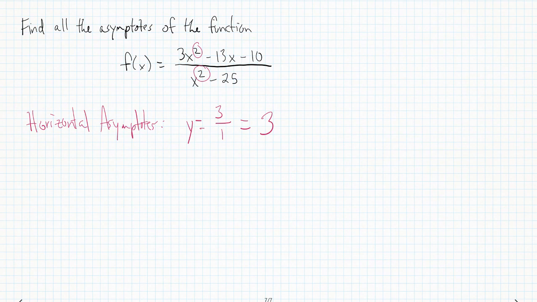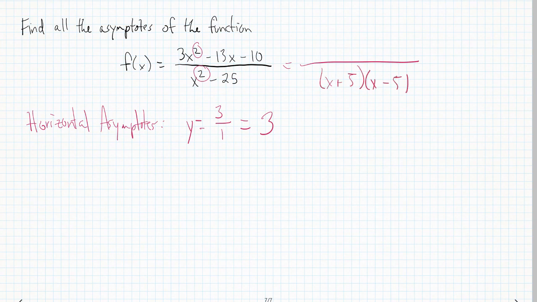Okay? And now for the vertical asymptotes, we need to do some work. So we got to factor this crazy thing. We have a difference of squares in the denominator, so that's x plus 5, x minus 5. And then in the numerator, let's see here. I think we can factor that.